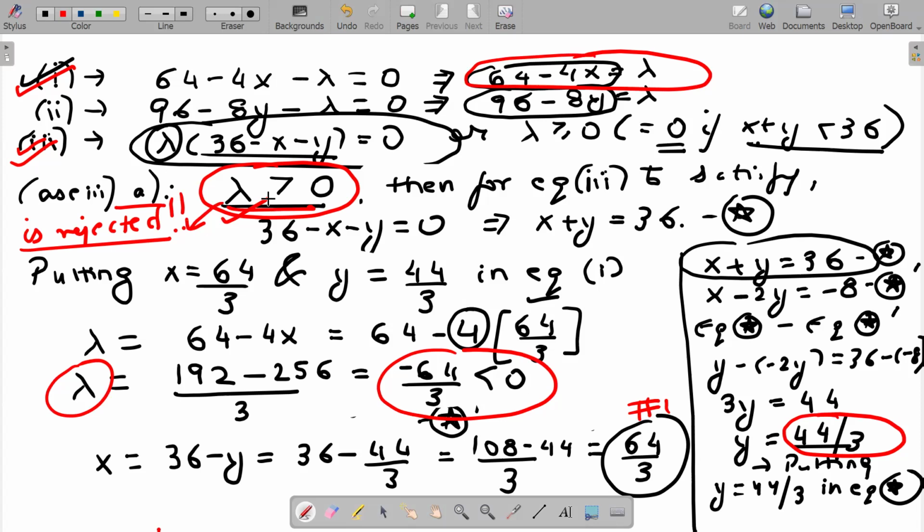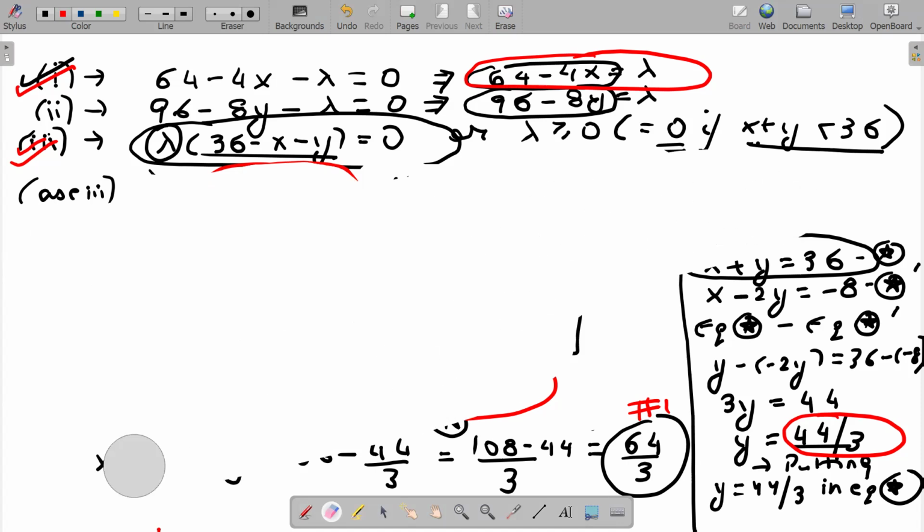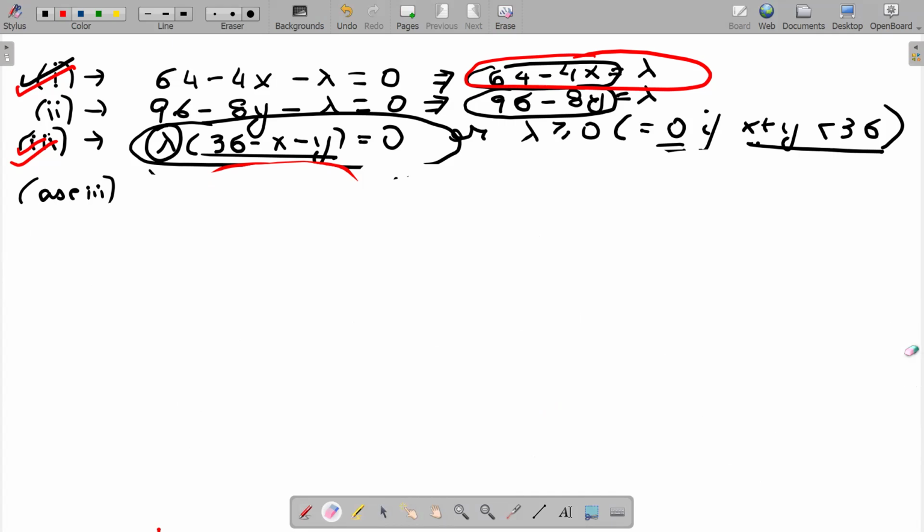That means lambda is equal to 0. So if I erase all this off, we now look at the next case, case 3b. Lambda is equal to 0 and x plus y is less than 36.